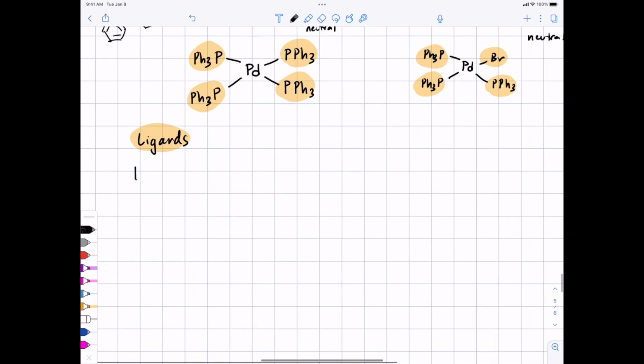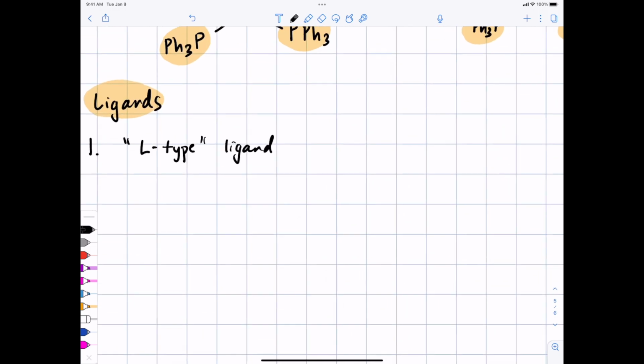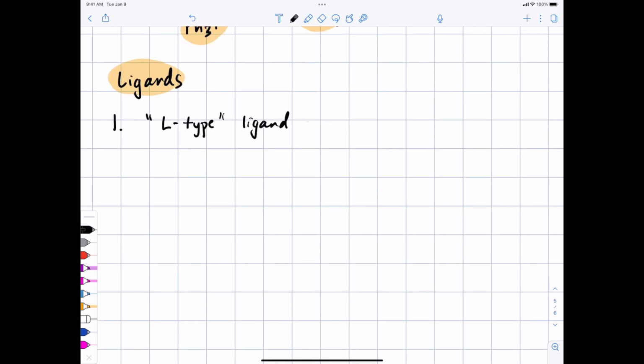And there are 2 types of ligands. Okay? Number 1 is what we call an L-type ligand, meaning an L-type ligand is neutral when not bonded to the metal center.